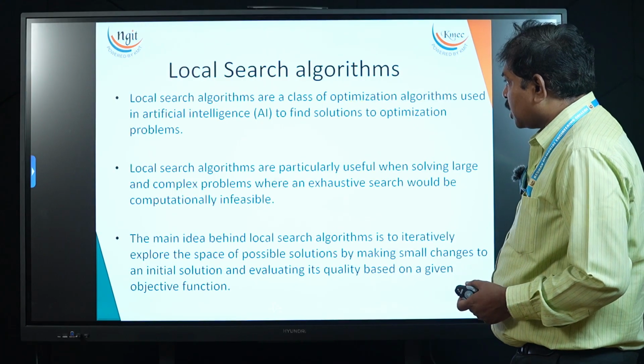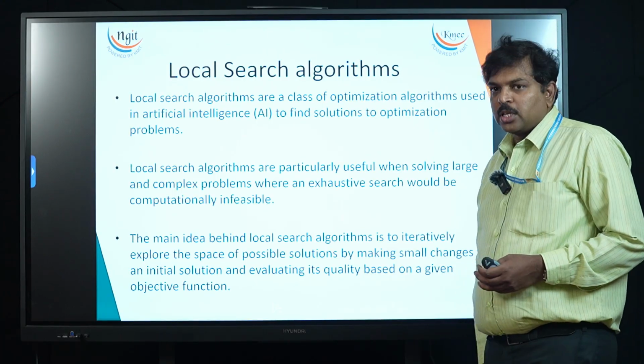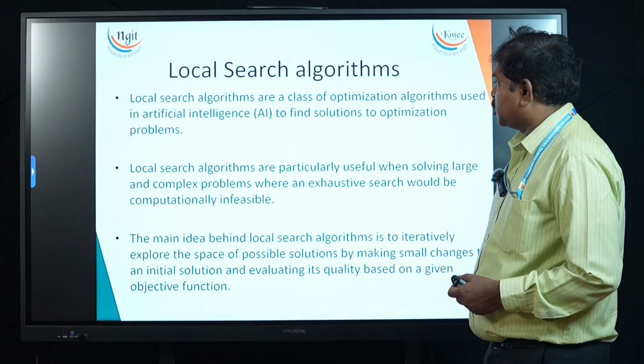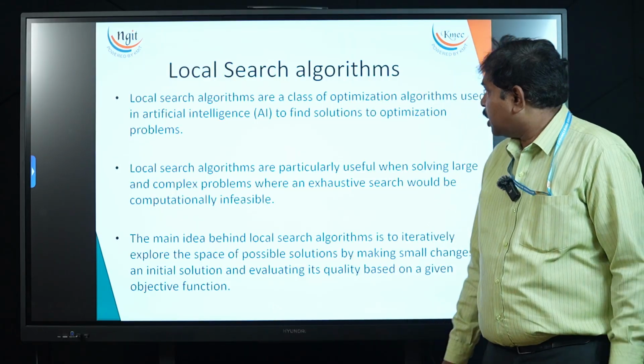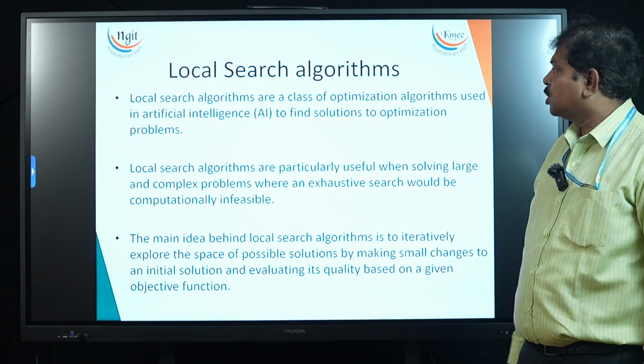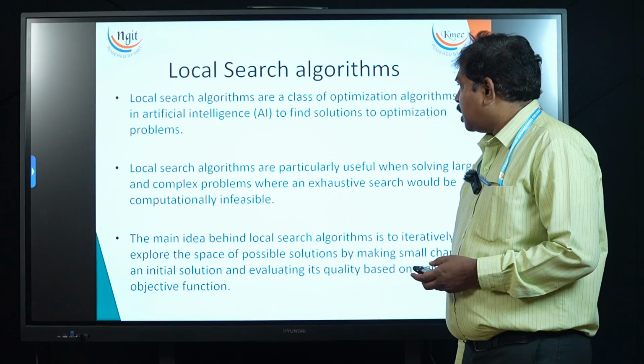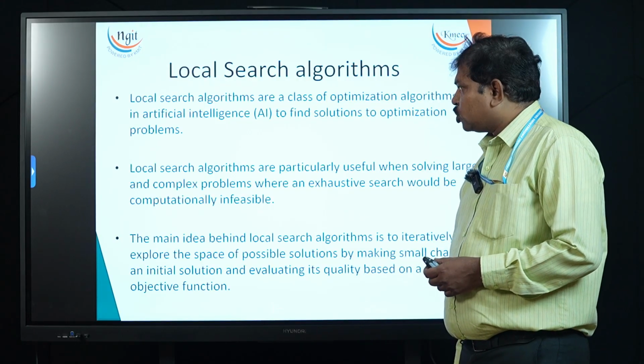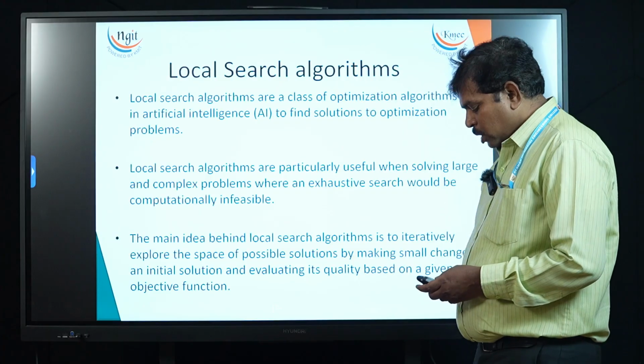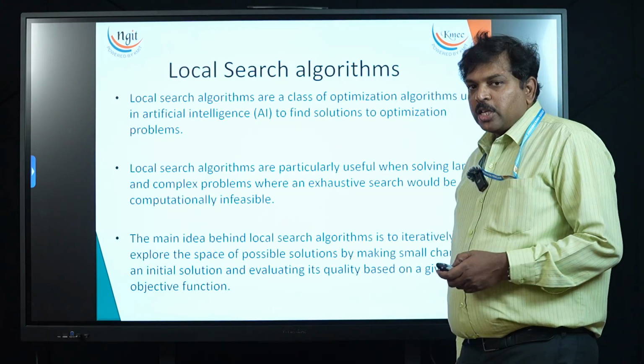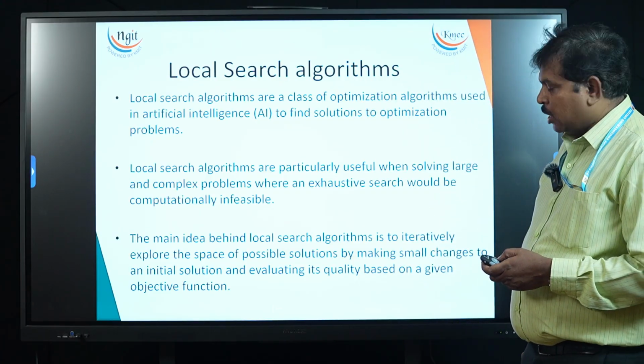Now what is a search algorithm? The first type of search algorithm is linear search algorithms. Linear search algorithms are a class of optimization algorithms used in AI to find solutions for optimized problems.